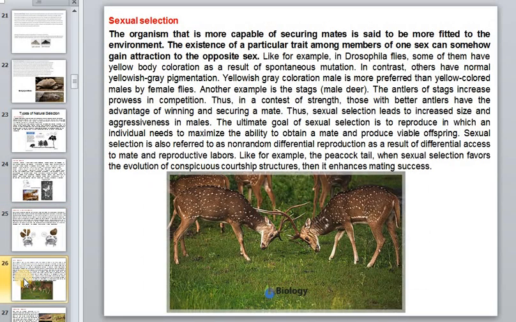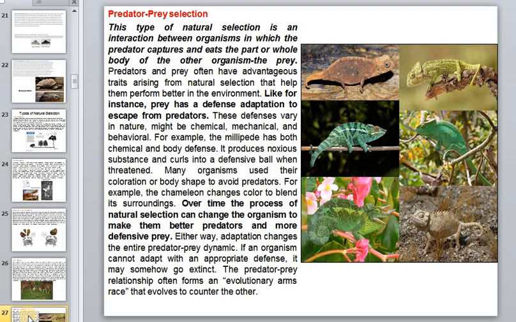And we know more and more kinds of selection; I just don't stop on these variants. Sexual selection, where an organism that is more capable of securing mates is said to be more fitted to the environment. And one more, predator-prey selection.